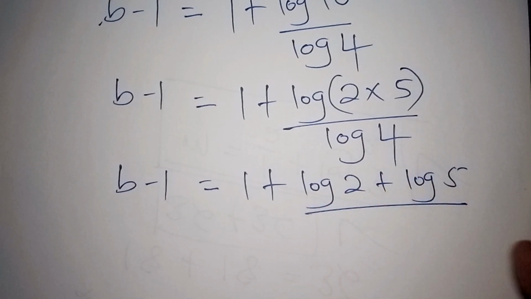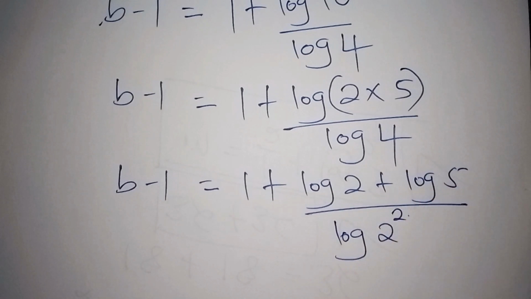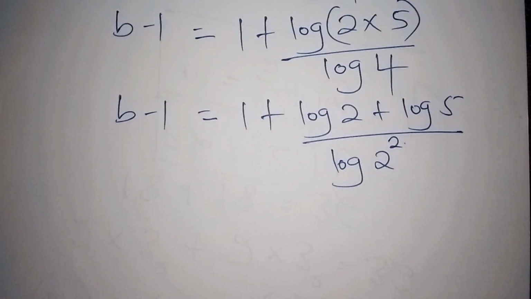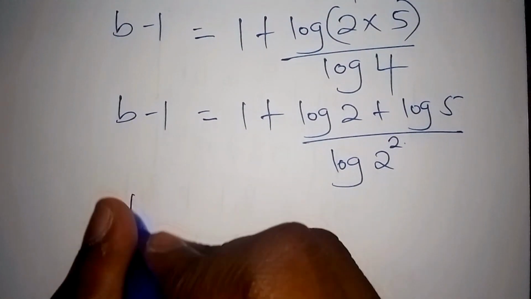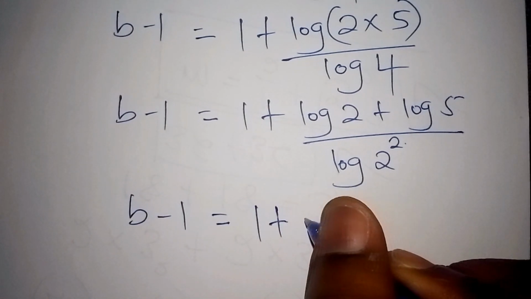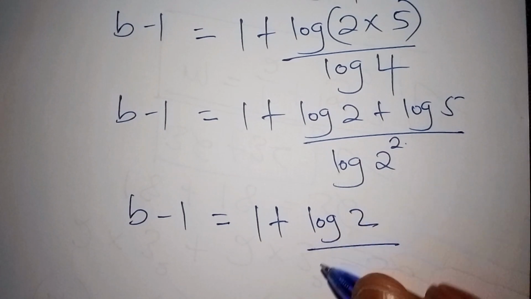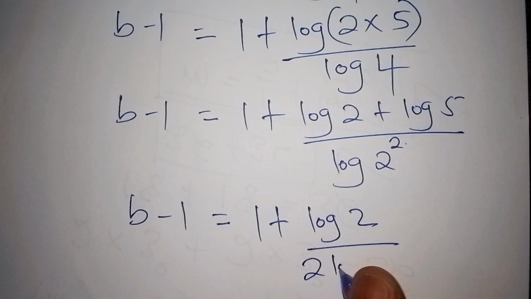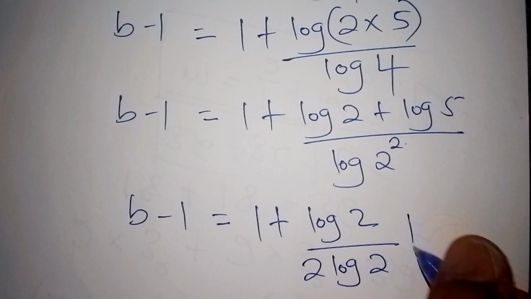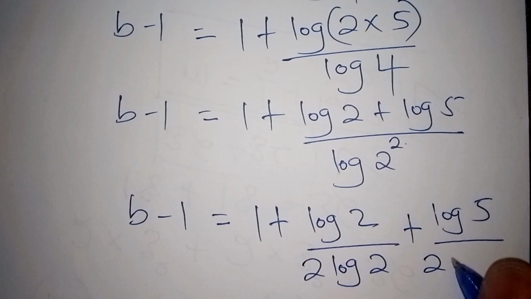We can rewrite the log of 4 as the log of 2 to the power of 2. So b minus 1 is equal to 1 plus the log of 2 plus the log of 5, all over 2 log 2.